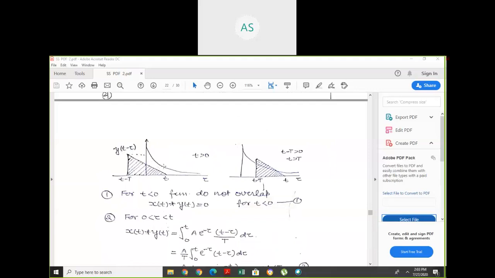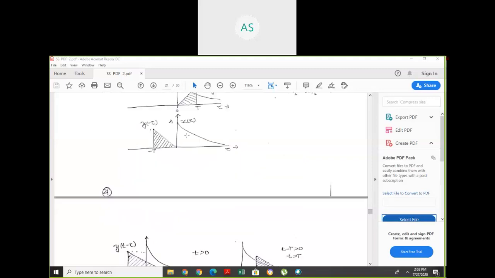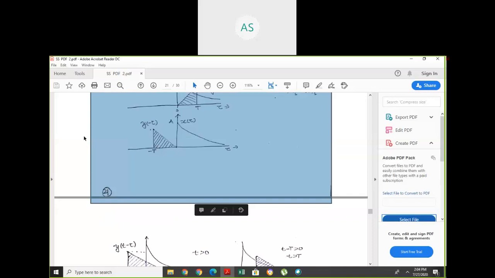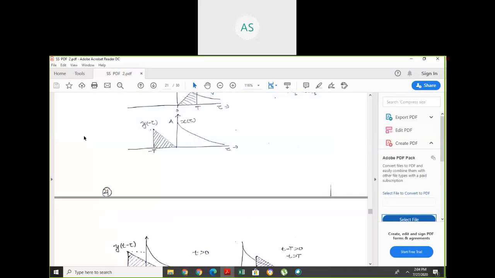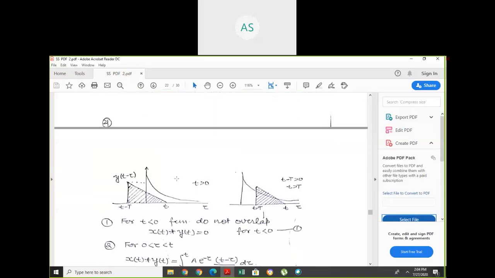When t is less than 0, there is no overlapping area, meaning there is no common area of x(t) and y(t). So when t is less than 0, the functions do not overlap and the convolution is 0 for t less than 0.